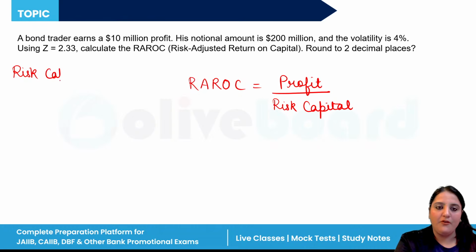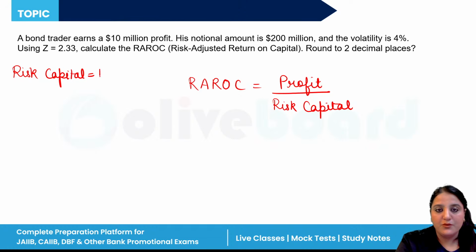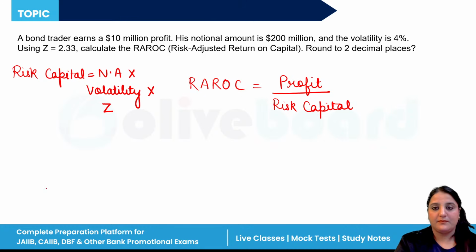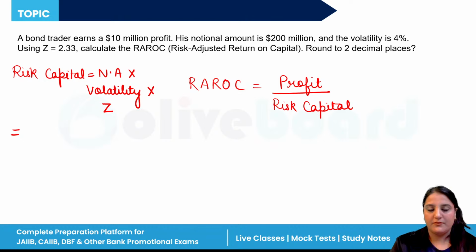The formula of risk capital is notional amount multiplied by volatility multiplied by Z. Right? And what is the notional amount? It is 200 million. How many zeros are in 200 million? 8.